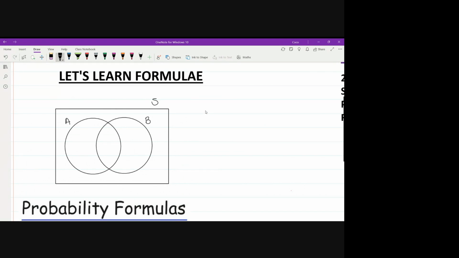If I said I wanted A intersection with B, we would know that the intersection is the part right here in the middle. It's the part where these two things meet.